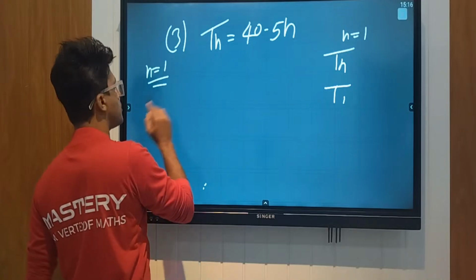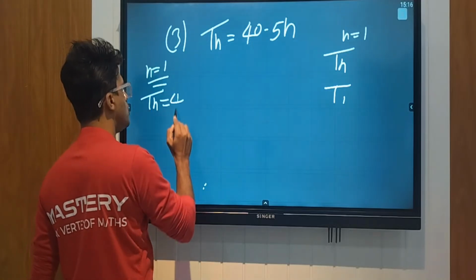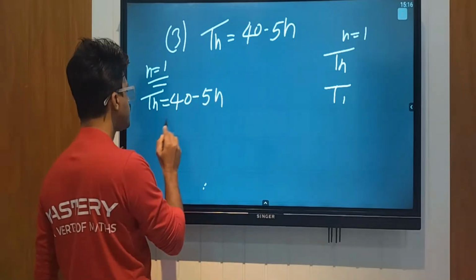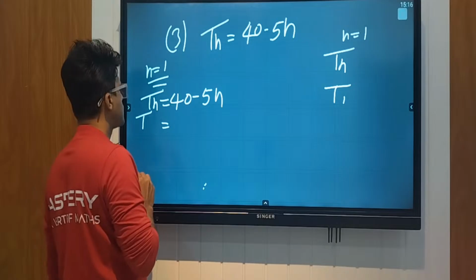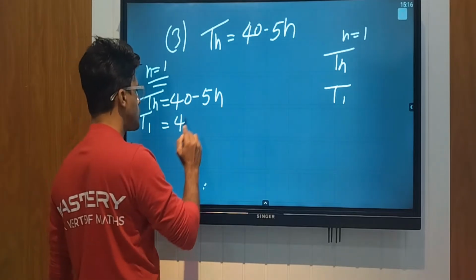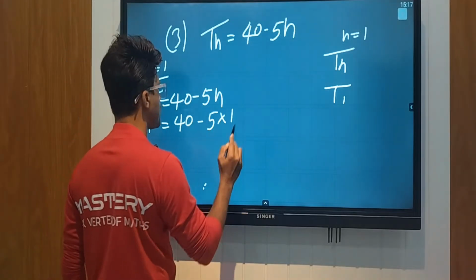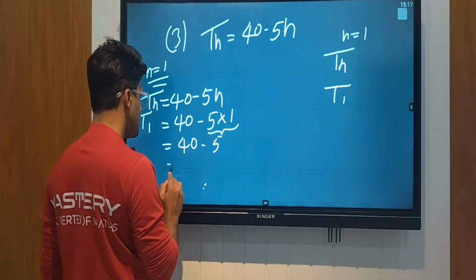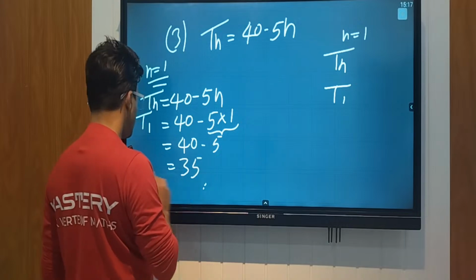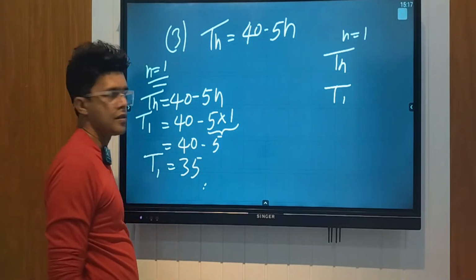So n equals 1, and Tn equals 40 minus 5n. We are going to get the first term: 40 minus 5 times 1. 5 times 1 is 5, then 40 minus 5 is 35. So the first term is 35.